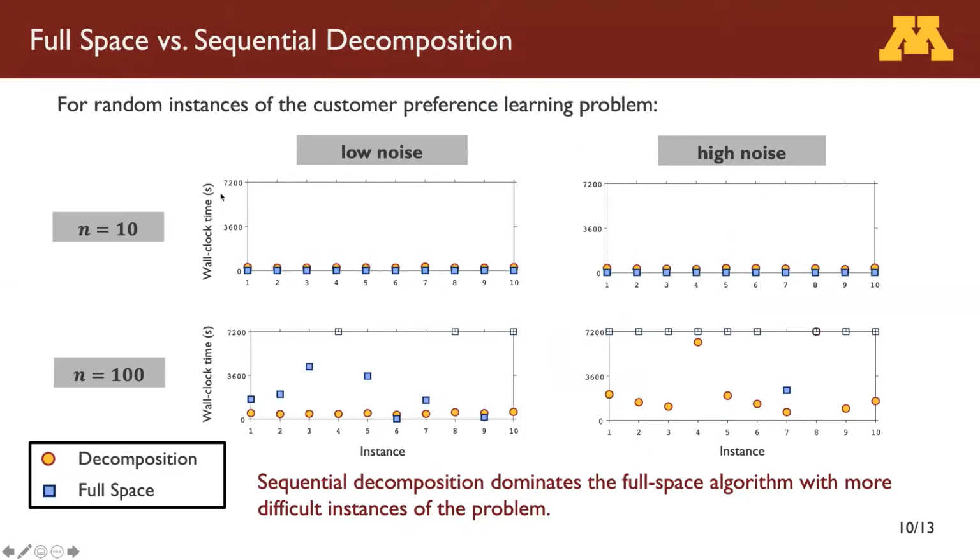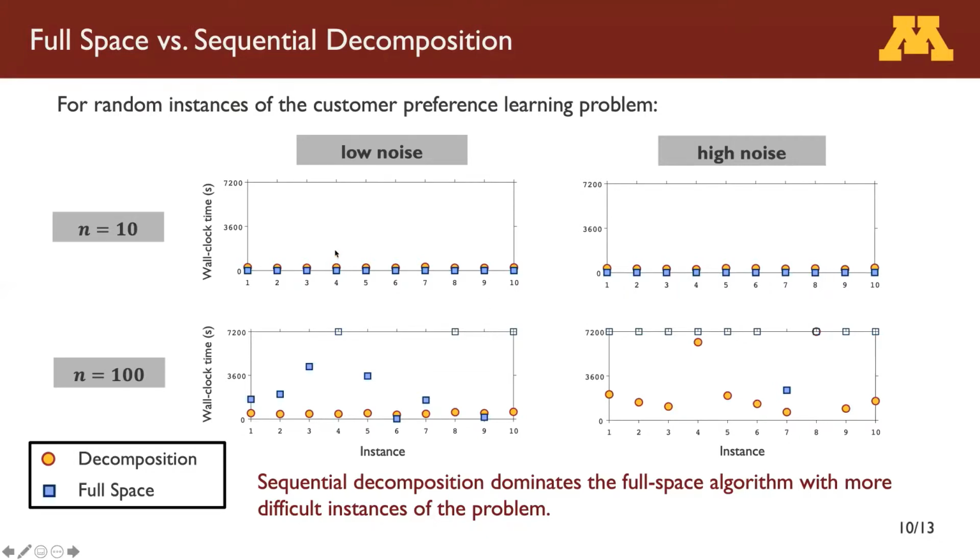The plots here show the computational time requirements for each of the 10 random instances we considered for the study. Now the circles here are for the decomposition algorithm and the squares are for the full space model. You can also notice some hollow markers, which indicate the cases for which the solution method could not even find a feasible solution in the allotted time.